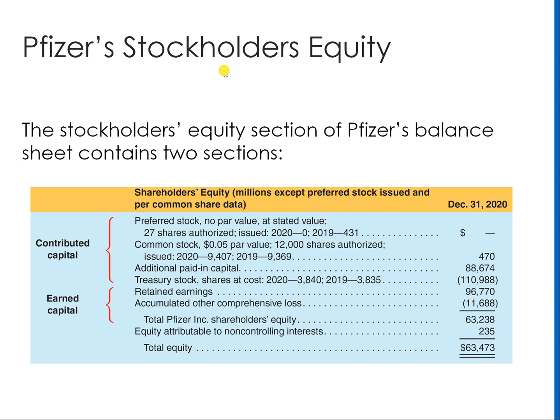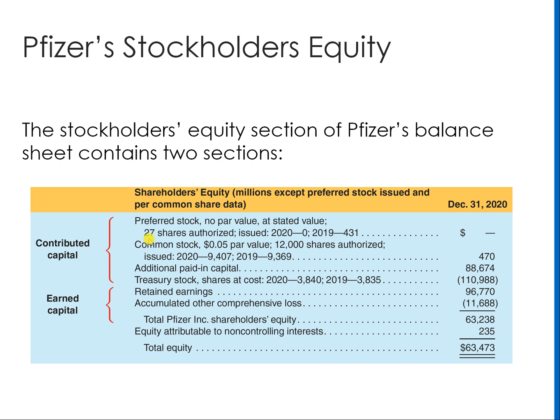Alright, now let's move to the equity part. Stockholders' equity has two main parts: one is contributed capital and the other is earned capital. Contributed capital is invested by investors.